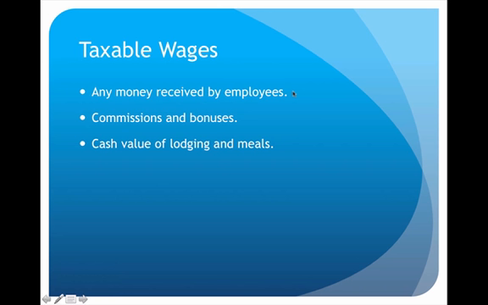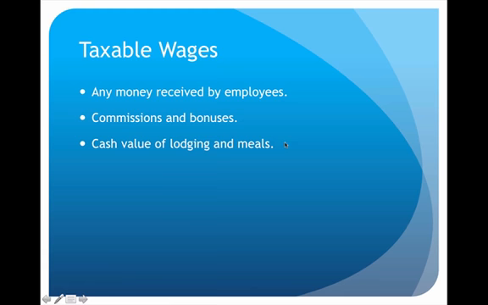And that's fairly obvious. Then you look at commissions and bonuses. We've talked about commissions, and in fact, we even calculated a commission in the last lecture. Those too are considered to be taxable wages. But one that might actually surprise you would be the cash value of lodging and meals that are provided by the employer.